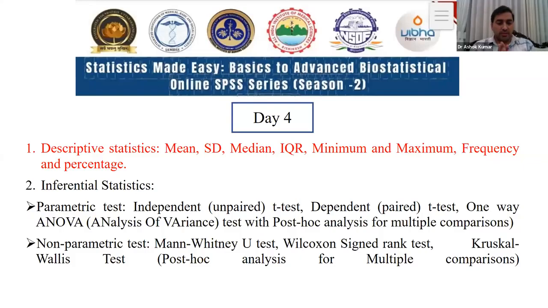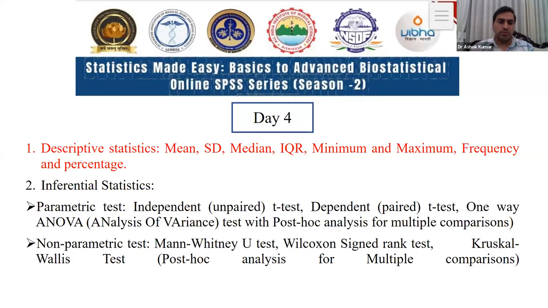So in parametric test, when the dependent variable, that is quantitative data, is normally distributed, then we have to use parametric test. If not normally distributed, we have to apply non-parametric test. So we have to calculate mean and SD if that quantitative variable is normally distributed, and median and interquartile range when that variable is not normally distributed.